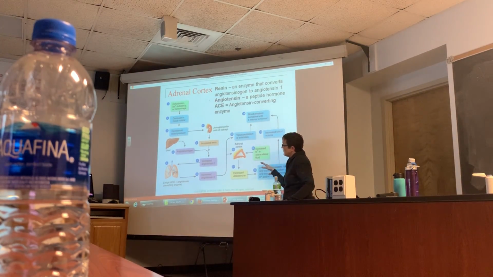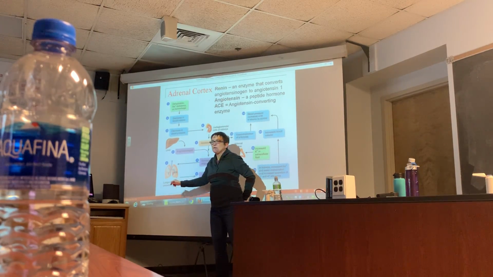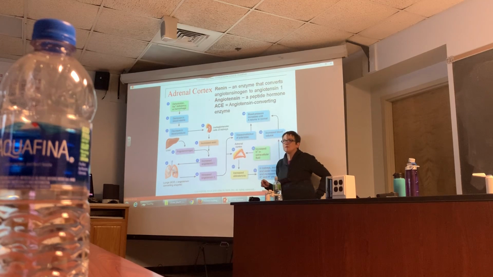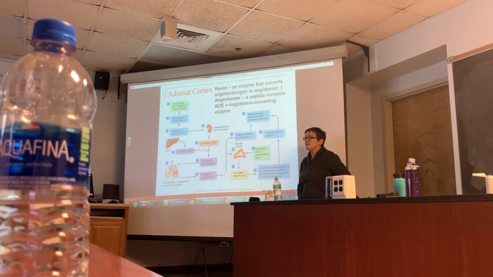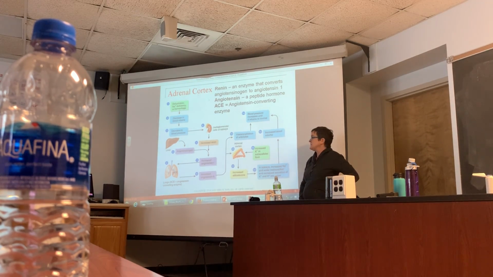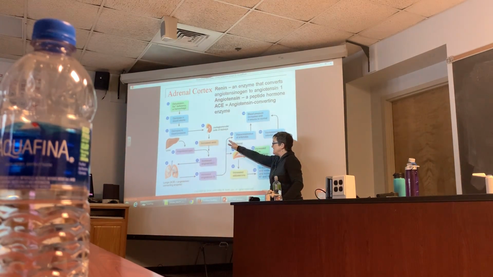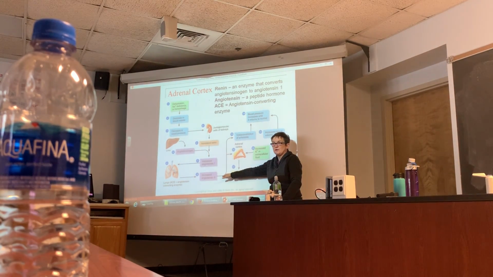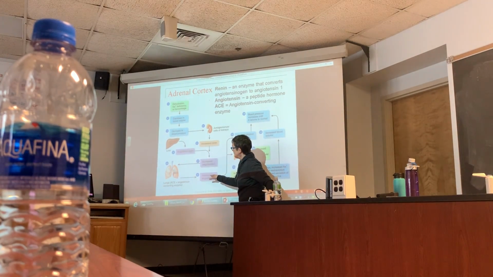Now you may have heard of ACE inhibitors, and this is probably one of the most common types of medications that people with high blood pressure take. When somebody has high blood pressure and is taking an ACE inhibitor, they will suppress this angiotensin II production, or this conversion.